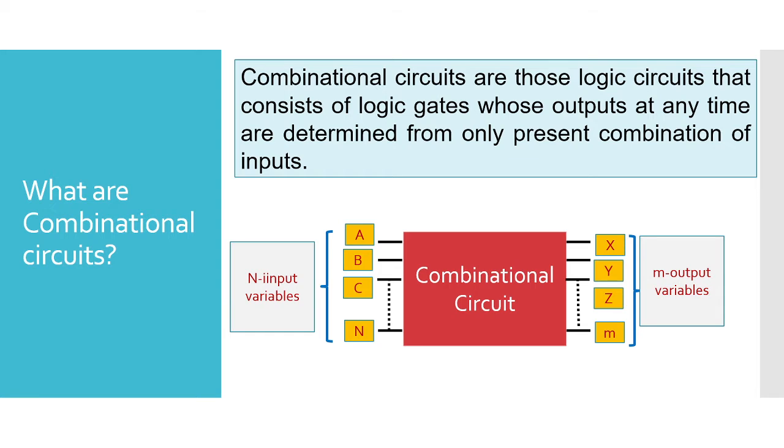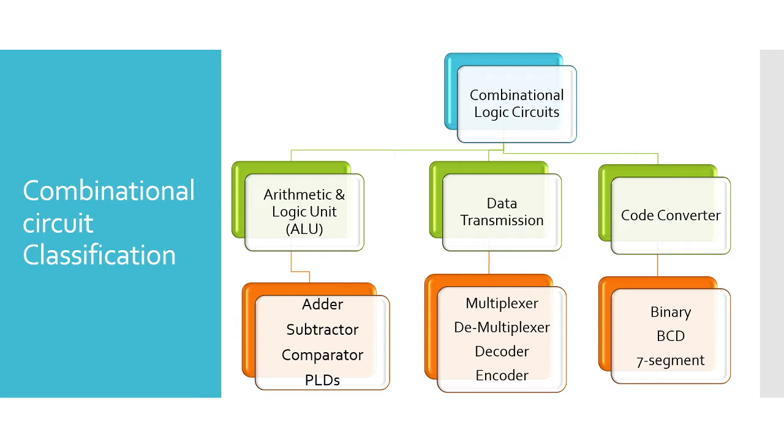Now I will go inside this black box. What is inside? First let me tell you the classification of combinational circuits that you will learn in my next lectures. Many combinational circuits I will tell you in other videos. I am categorizing them in three categories. First category is the arithmetic and logic unit, in short ALU.